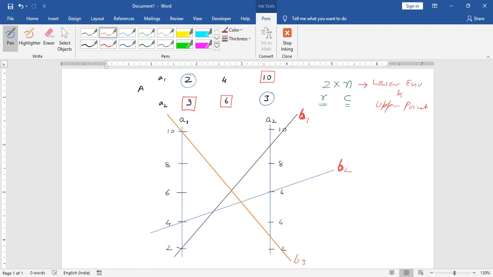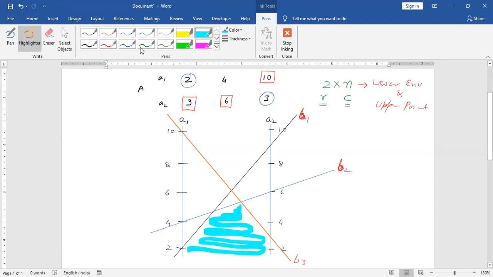So which one is our lower envelope? This part is known as our lower envelope, right? And I'm talking about the upper point because I'm not going to cross any line.